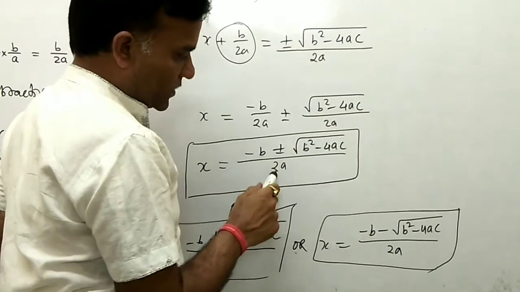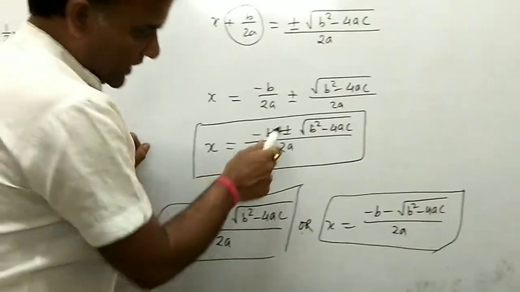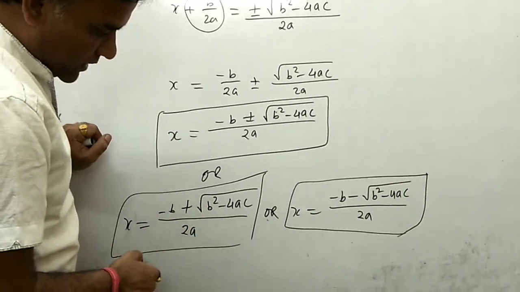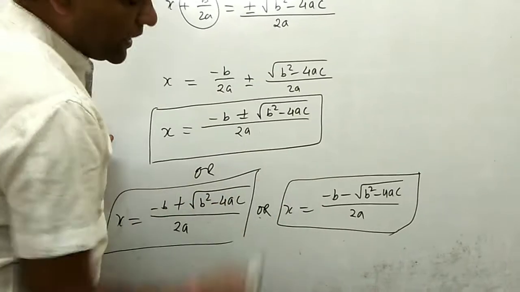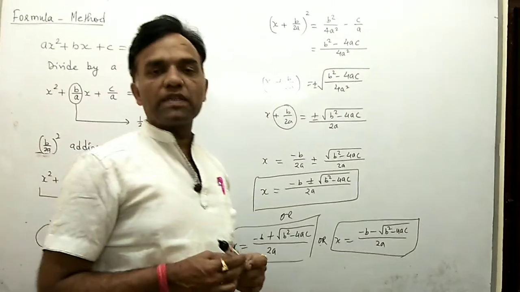Now the LCM is 2a, so x equals minus b plus minus under root b square minus 4ac upon 2a. You have two roots.